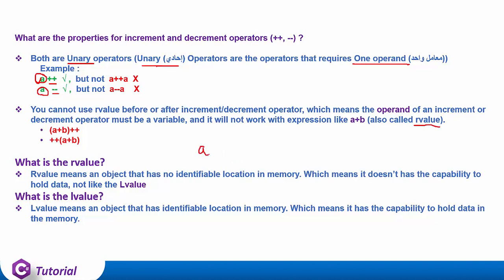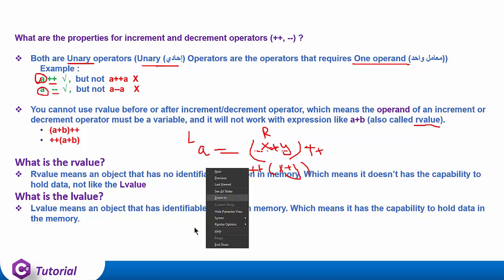Like we say a equal to x plus y, an expression there. So this is the left value and this is the R value. We cannot do plus plus on an R value, or make a plus plus and then x plus y like that. This will not work this way.